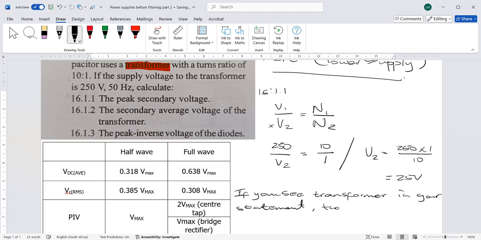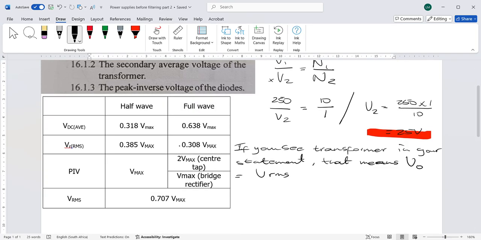that means V out is equal to V RMS. So this 25 here is not V peak.